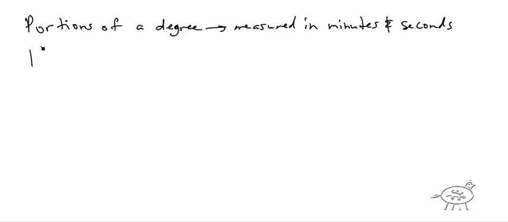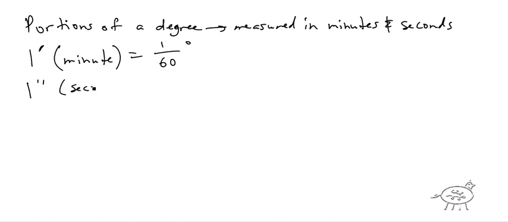We use this little symbol here, like a single quote, like 1 foot, right? But that is a minute, and that's 1/60th of a degree. And we have 1 second, which is a 60th of a minute, which is 1/3600 of a degree.